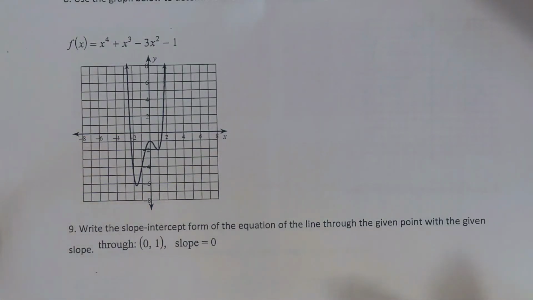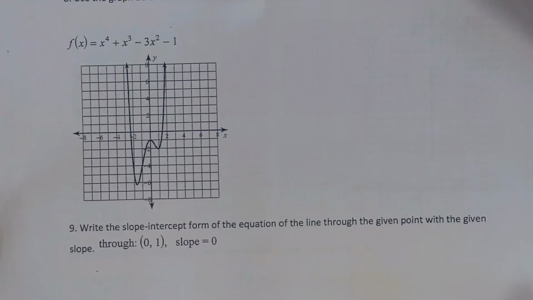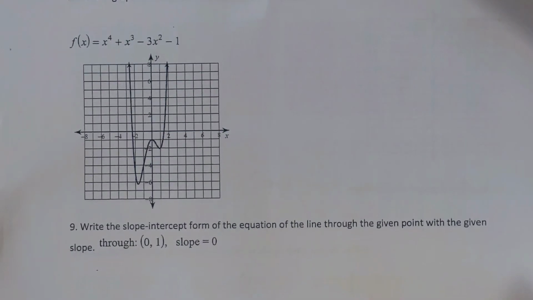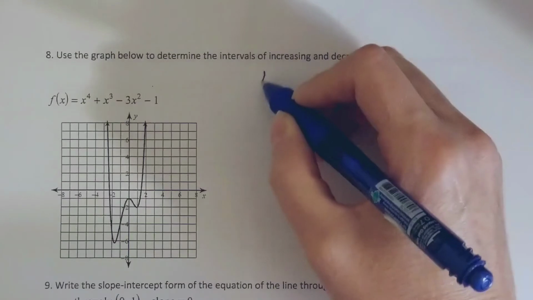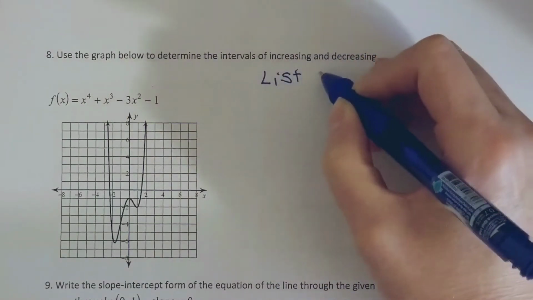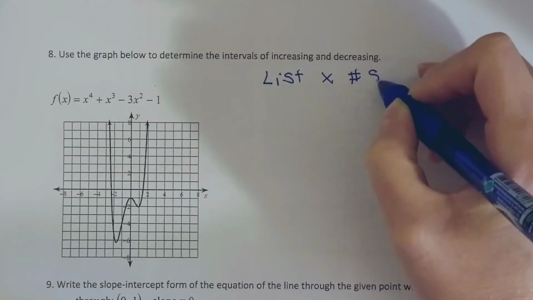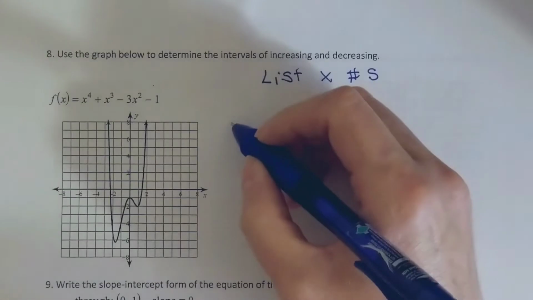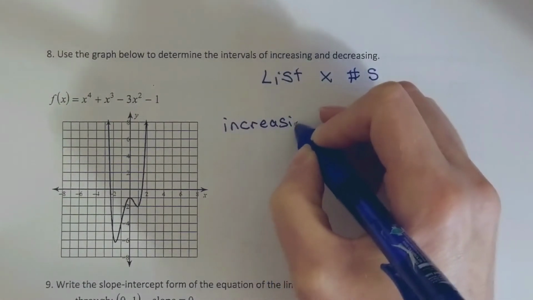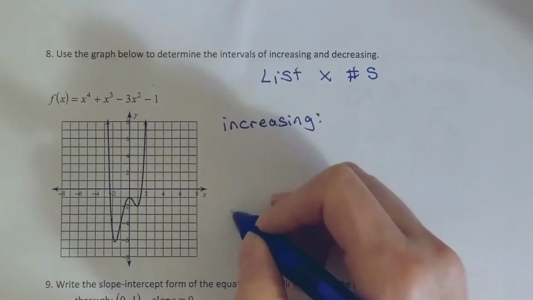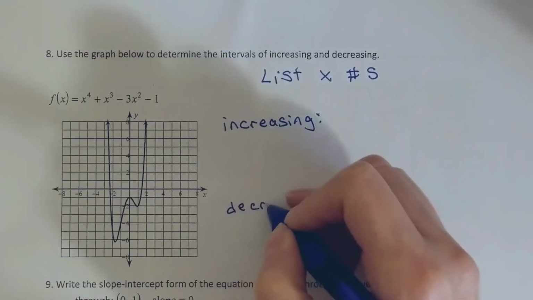Okay, question number 8. Use the graph to determine the intervals of increasing and decreasing. So when you do this, you want to list the x numbers. Okay, so we'll separate this from increasing, and then we'll have a separate listing for decreasing.